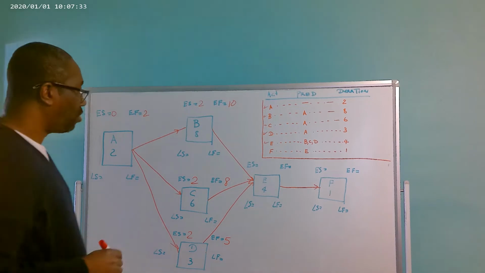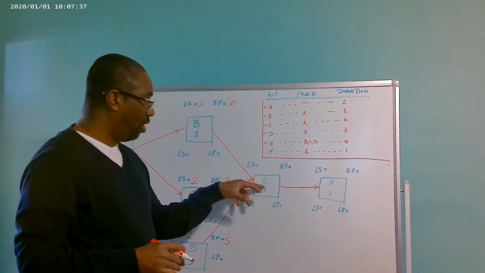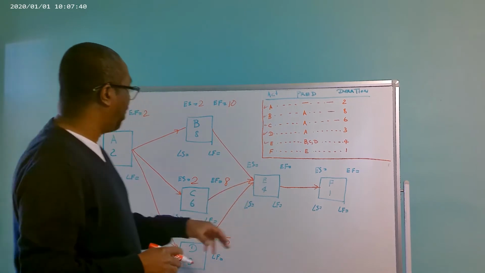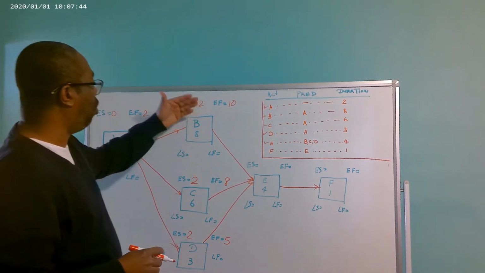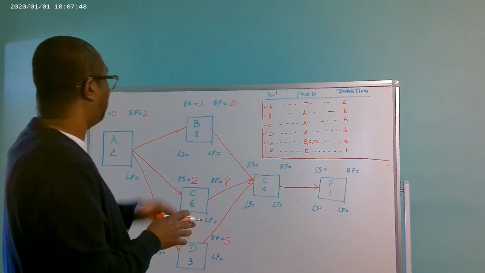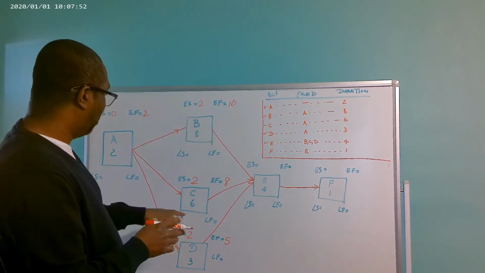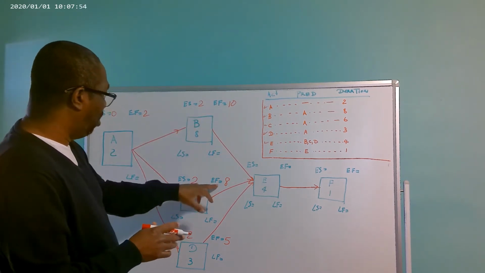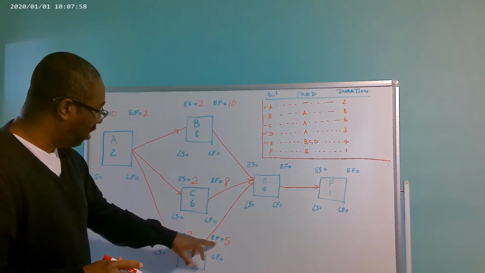Right? So now we have activity E, which depends on activity B, C, and D. So we're going to go with the higher of these 3 activities. So we have activity B with an early finish of 10 days, activity C, which has an early finish of 8 days, and activity D, which has an early finish of 5 days.